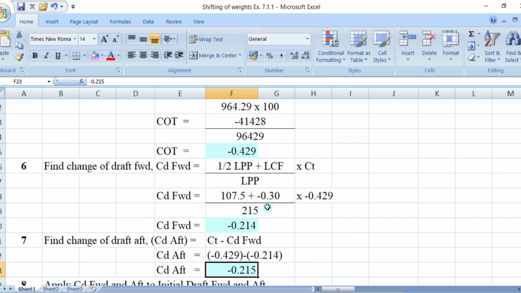LCF is negative 0.30 over your LPP, which is 215, times your change of trim. Change of trim is negative 0.429. And the resultant, your change of draft forward, will be negative 0.214. So change of draft forward, we'll check.